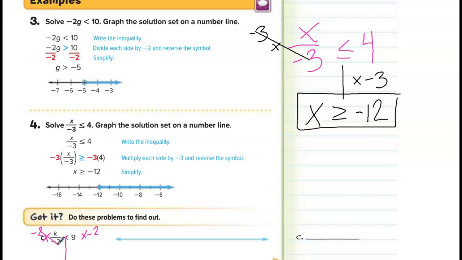Change the sign, so it would be K is greater than, and what number? Negative 18. Questions on that? Thumbs up, that's what you got. Awesome. So then I have to use 3 numbers. What 3 numbers did you use? Negative 19 and negative 17.